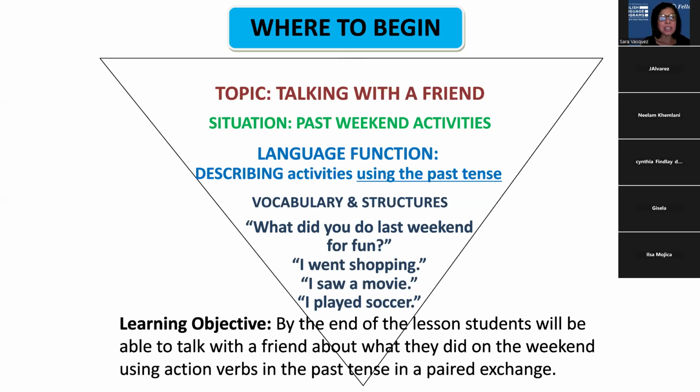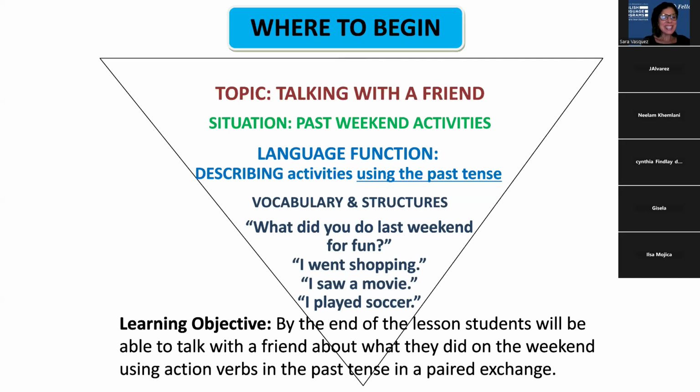And then what language function are they learning? They are learning tense, in this case past tense. Exactly. And then finally, we already see the vocabulary that they need to be able to do this. And then finally, in what situation did we choose to do it? A paired exchange, right? Talking to a friend, with someone else, maybe in pairs, doing pair work.